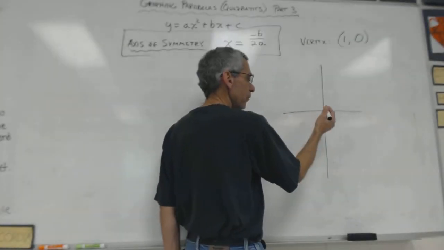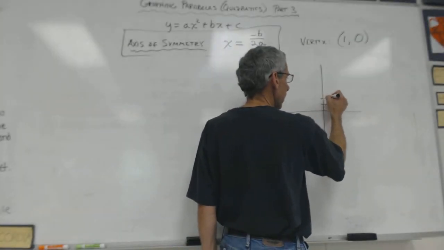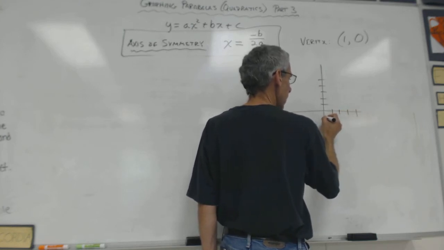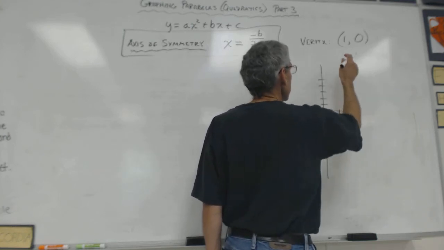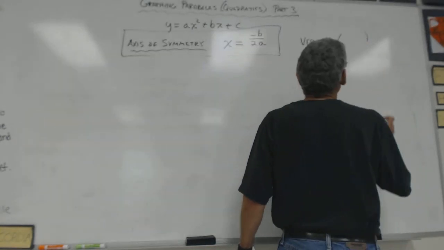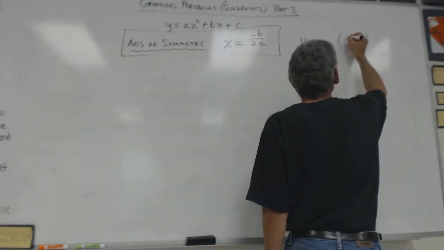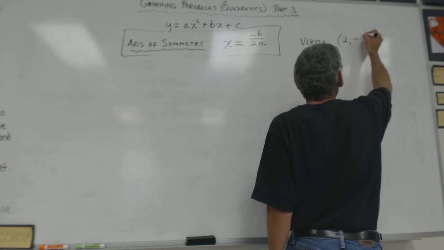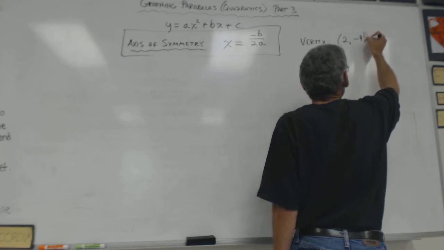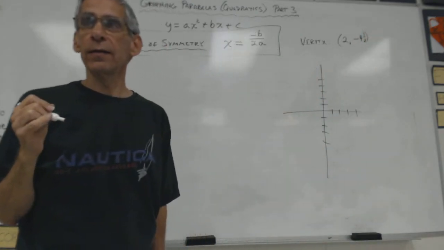But let's say this was my graph, right? And I found that my vertex was this. Let's just say it was. Let's say my vertex was 2, negative 4.5. Okay?